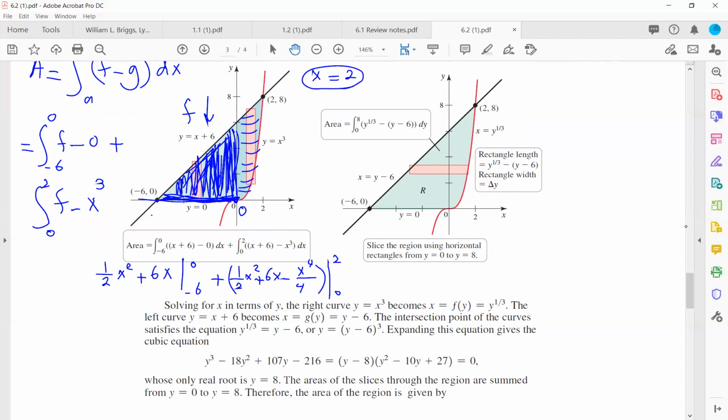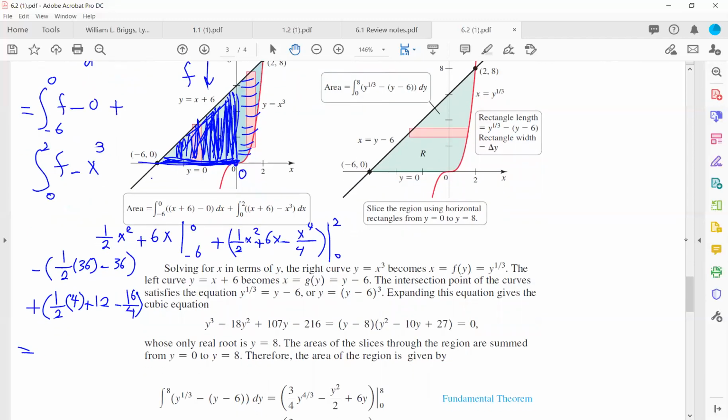If you plug in 0, it's going to be just 0. Minus a half times 36, minus 36, plus, now we plug in 2, a half times 2 squared, or 4, plus 12 minus 16 over 4.